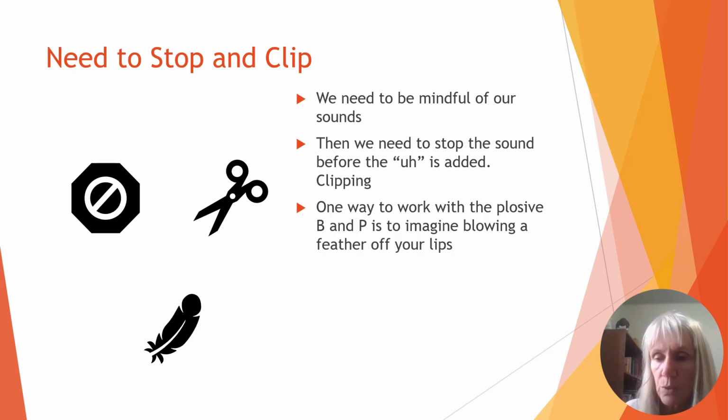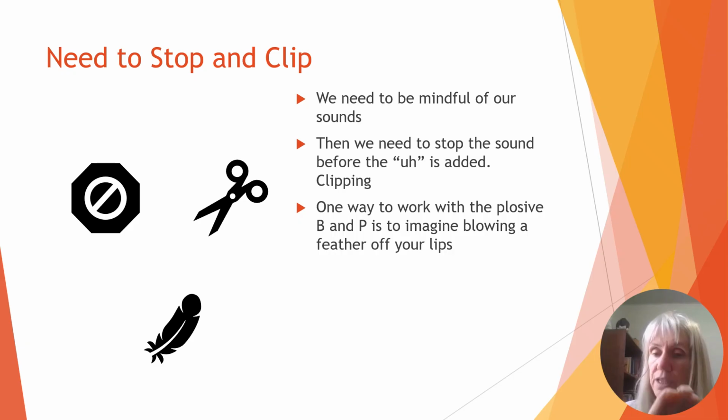And one way to work, for example, with the plosives, B and P, is to imagine blowing a feather off your lips. So you have a little feather on your lips and you can hold a piece of paper in front of you to see which one blows. And then you're trying to blow the P, the P, and that's blowing the P off.